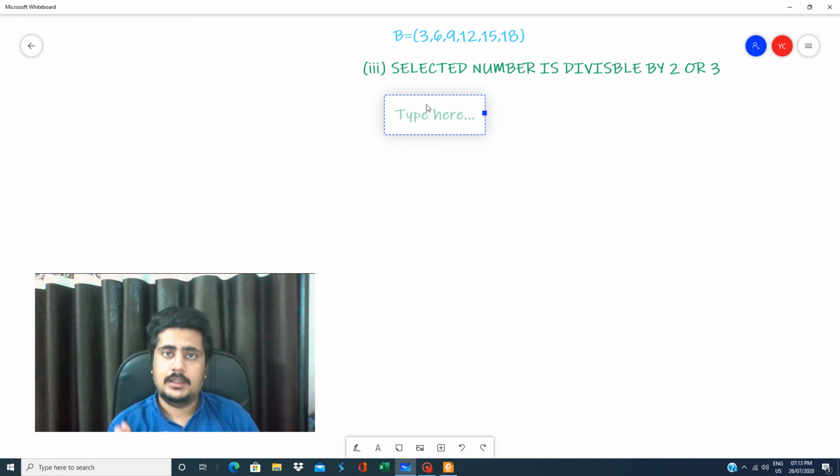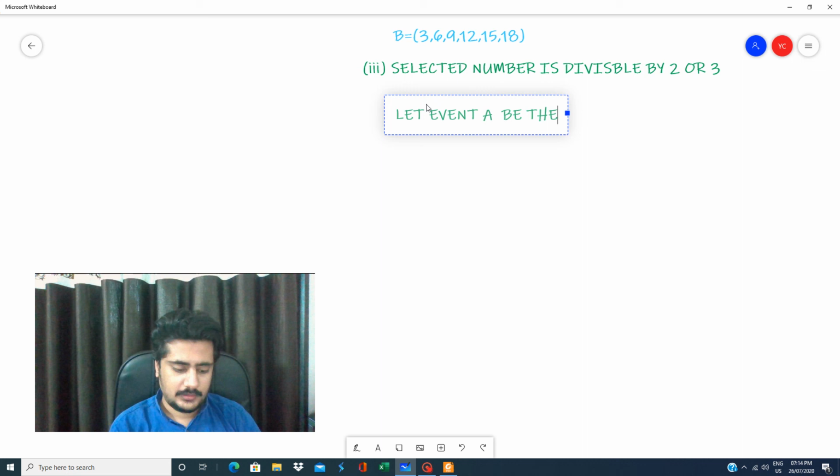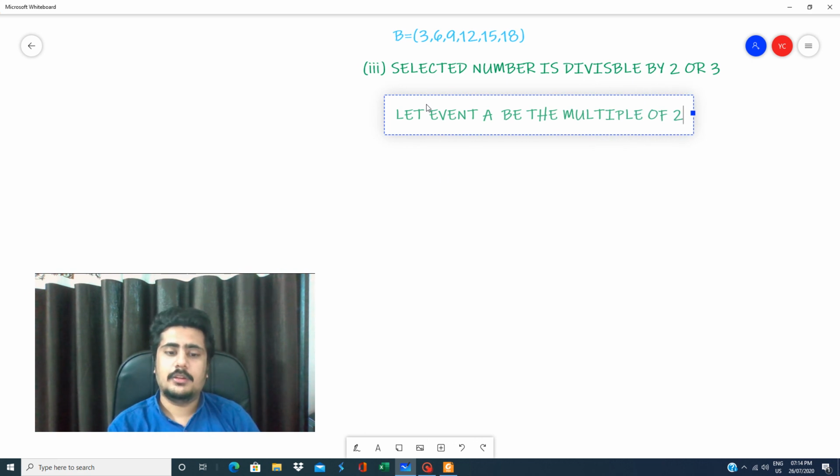It is asked that the selected number is divisible by 2 or 3. So I'll make 2 separate and 3 separate. Let event A be the multiple of 2.